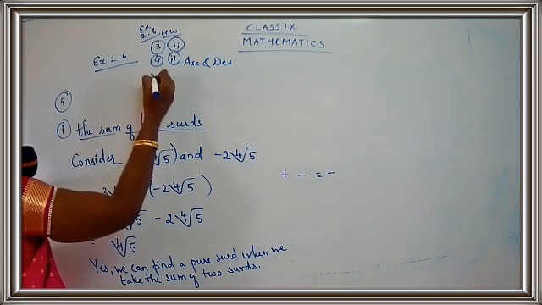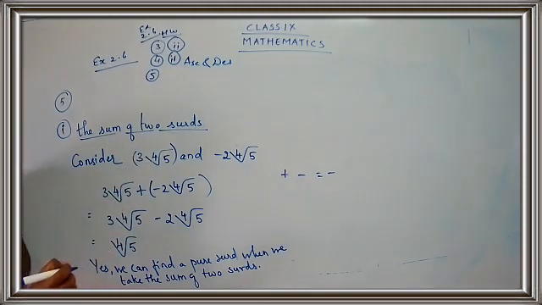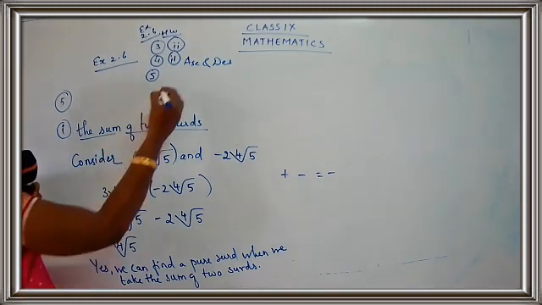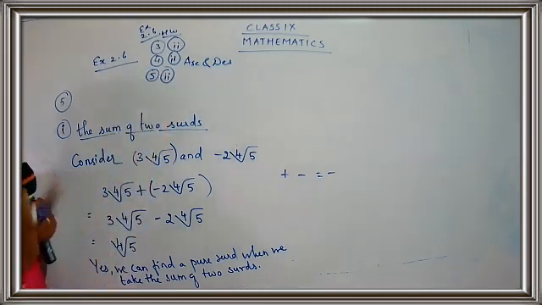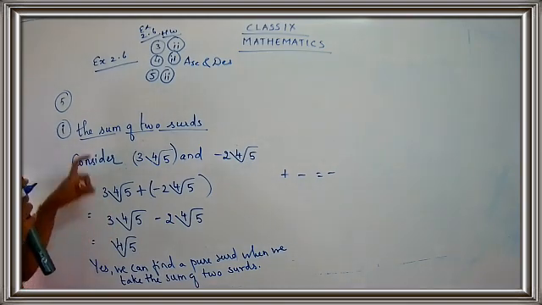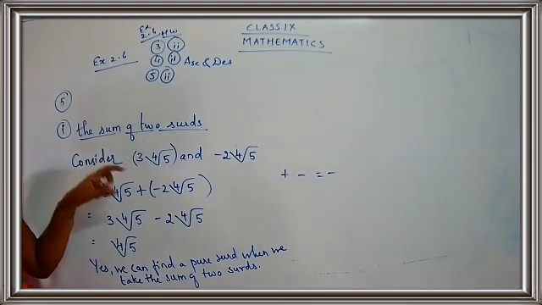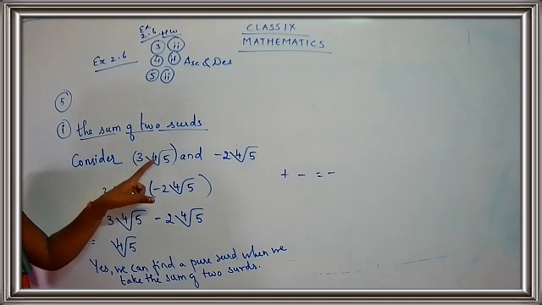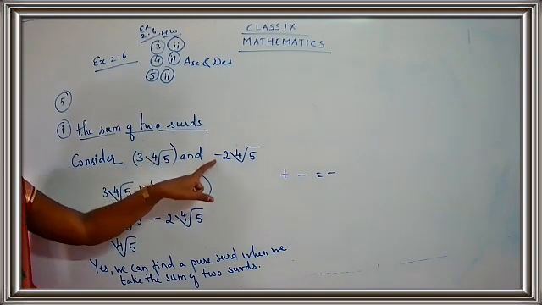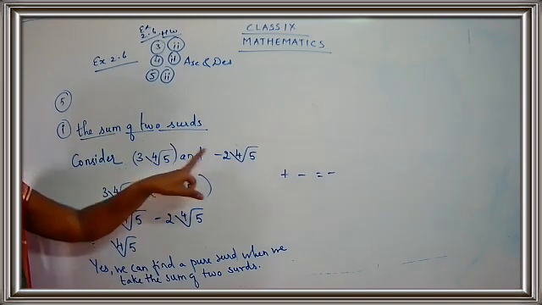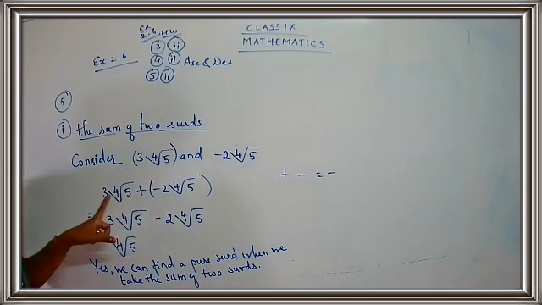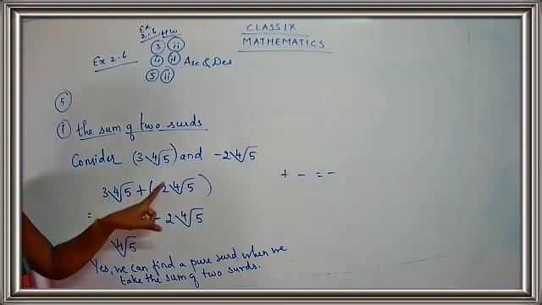Now, from question number 5, the second part will be homework, children. That is for the difference of two surds. For the difference of two surds, what do you have to do? Here I have taken 3 fourth root of 5 and minus 2. So don't take minus 2, just take 2. When you take the difference, you will get minus and your 2 into 4th root of 5.